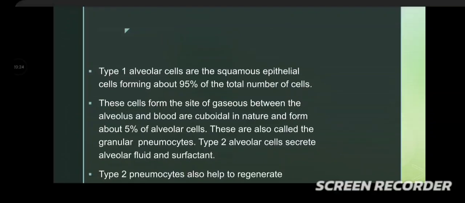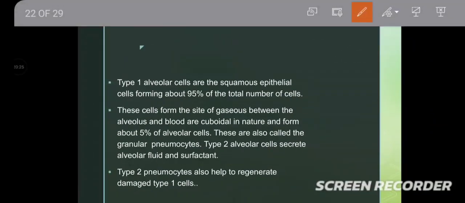Now, the type 1 alveolar cells are squamous epithelial cells, and they form about 95% of the total number of cells in the lungs. Their main role is gaseous exchange. These are the cells that primarily act as the sites for what? Gaseous exchange. So these cells form the site for gaseous exchange in the alveoli.